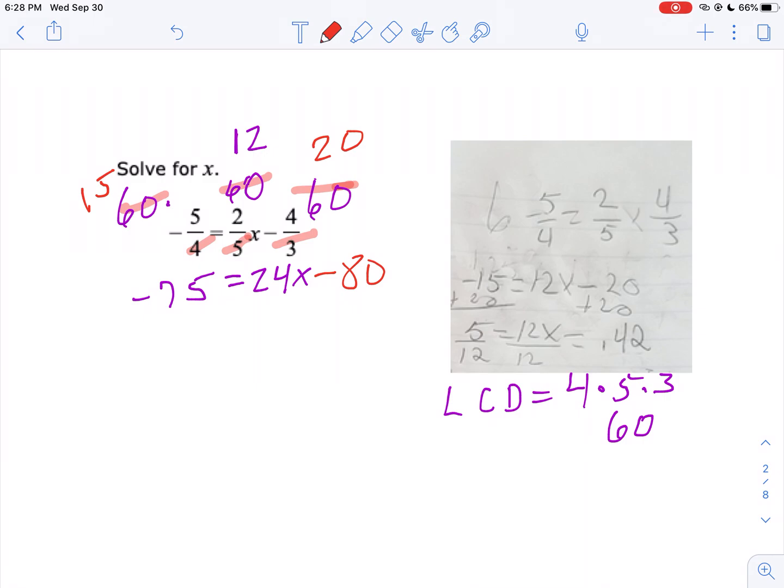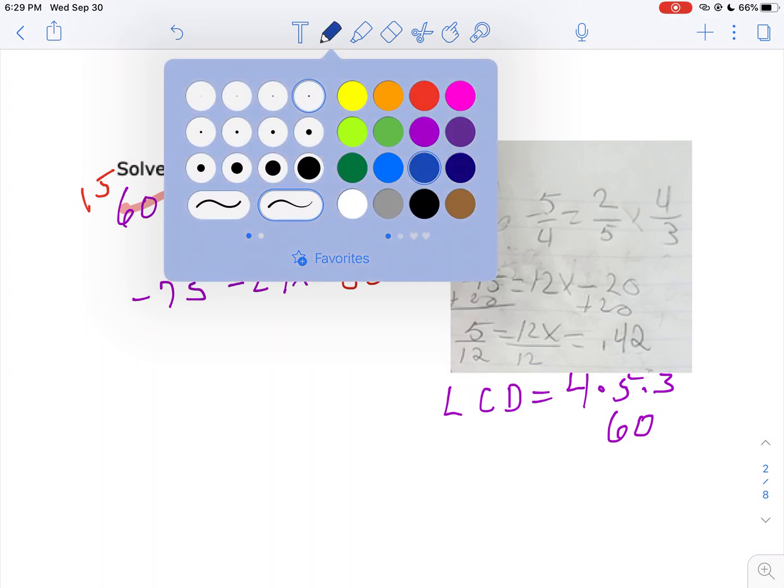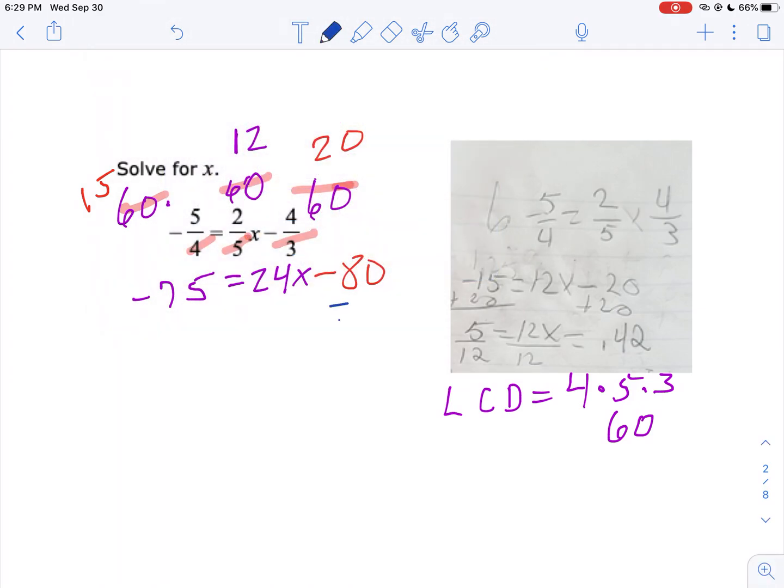Now we want to get x by itself. You just forgot to multiply by each of those terms. So now let's undo adding 80. We're going to add 80 to both sides. If we add 80 to both sides, we end up with 5 equals 24x.